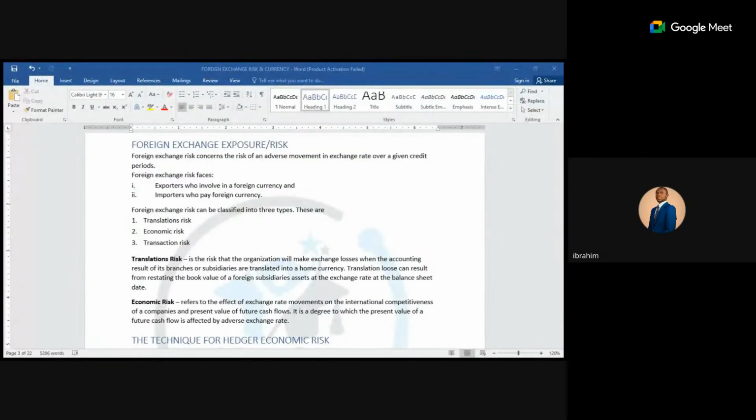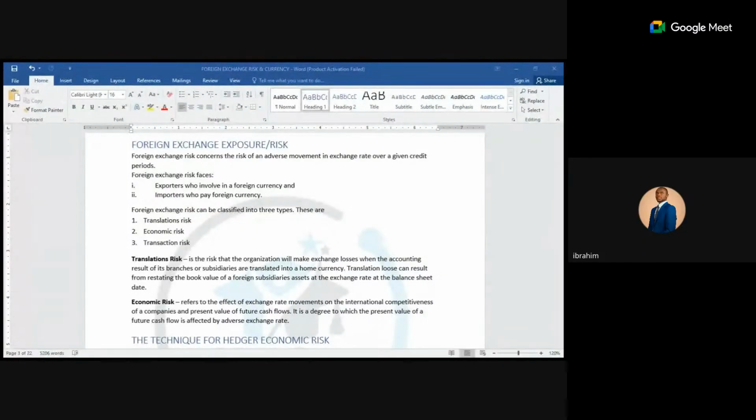So what are the foreign exchange risks? Foreign exchange risk concerns the risk of an adverse movement in exchange rates over a given credit period.